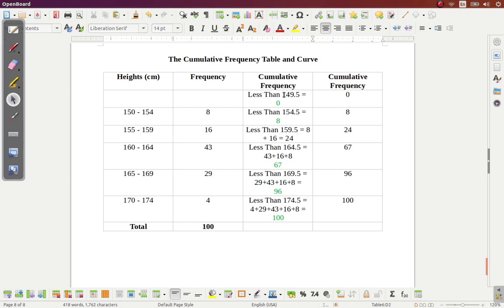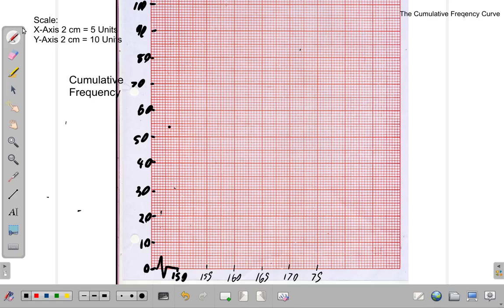Less than 149.5. It's right here. Shorter than 149.5, there were 0. You're not going to put your 0 at 155. You're going to put your 0 to the left at 155, showing that you're covering 149.5. Alright?